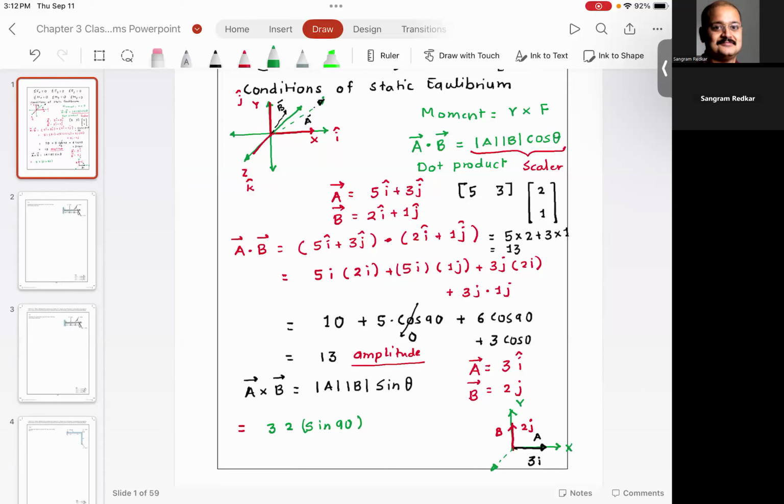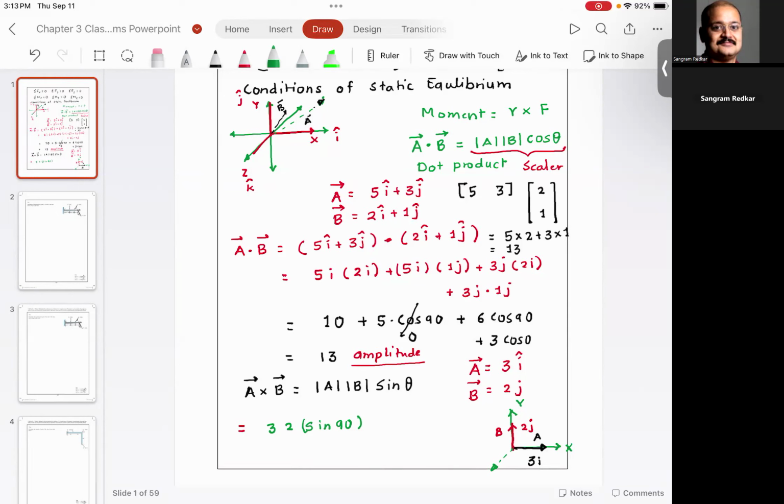So what is happening here is I can represent this vector. Whenever you have a cross product, you can translate the second vector along the first vector.